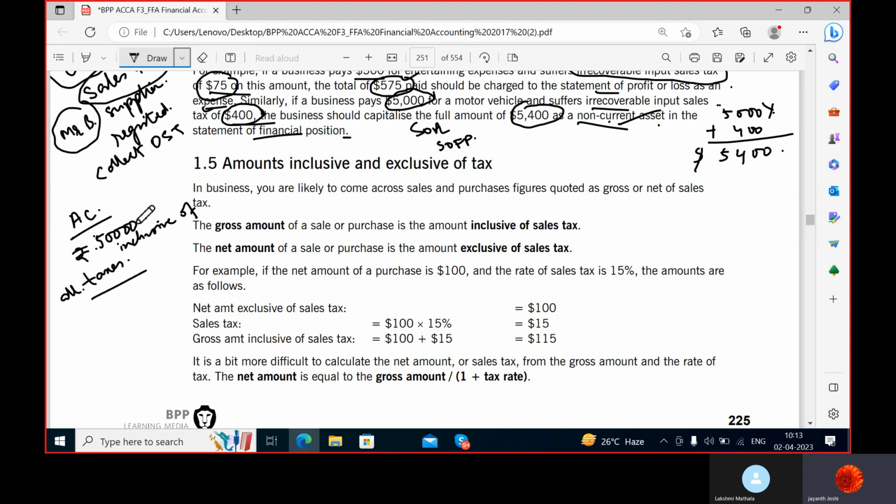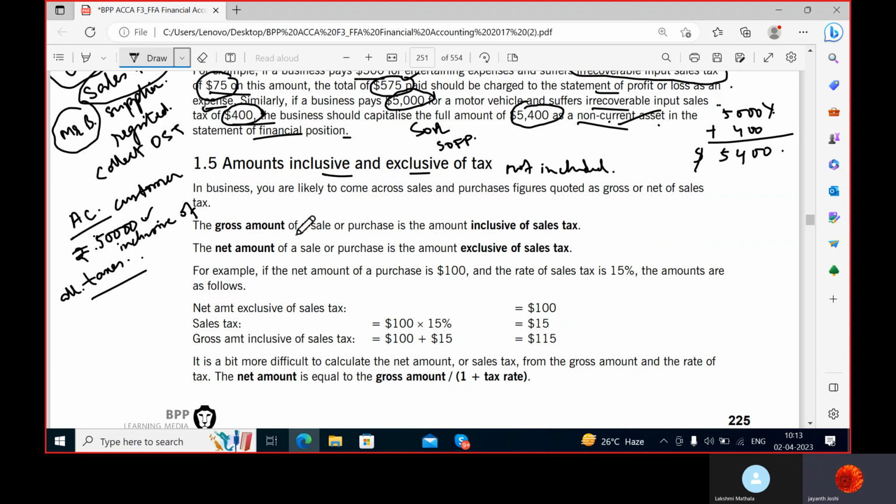So this 50,000, that means we are the ultimate customer and the amount of tax element has been taken from us. Now we'll understand the concept of inclusive and exclusive of tax. Inclusive means the tax element is included. Exclusive means the tax element is not included.